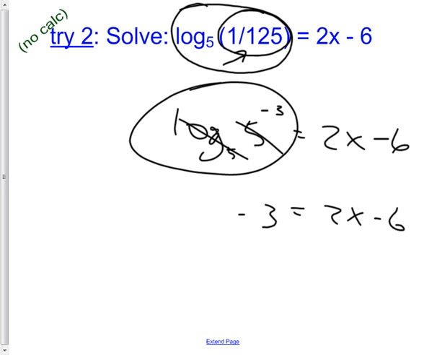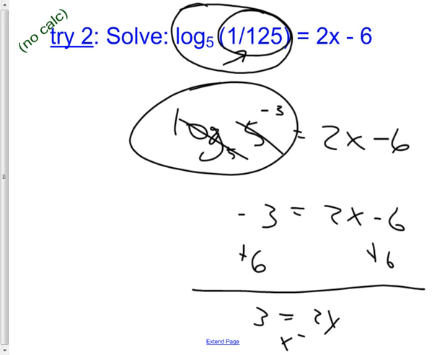And I just solve it. It's super easy. I take it to mean that you girls figured it out? All right, good. All right, so then I add 6 to both sides, and I have 3 equals 2x, and I have x equals 3 over 2.